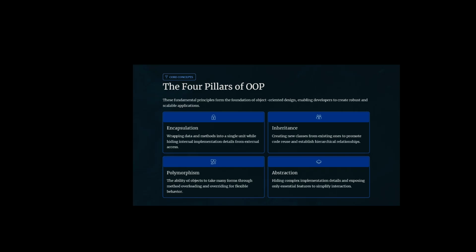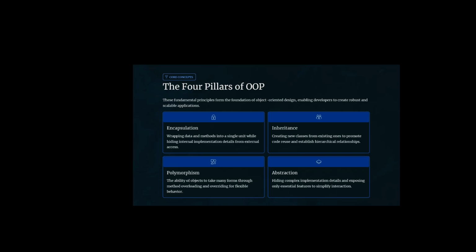robust and scalable applications. Well, the first pillar, encapsulation, refers to wrapping data and methods into a single unit while hiding internal implementation details from external access. Well, as the word itself says, you are encapsulating something or wrapping something within a capsule. The same thing applies even here. It refers to the process of wrapping data and methods into a single unit.